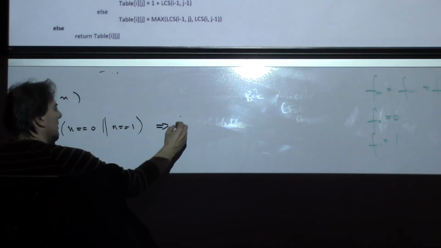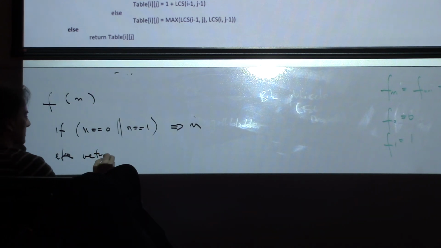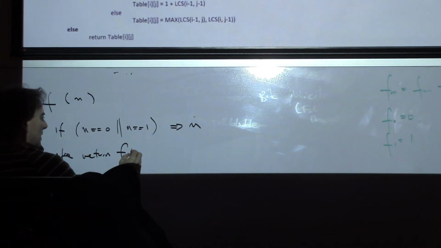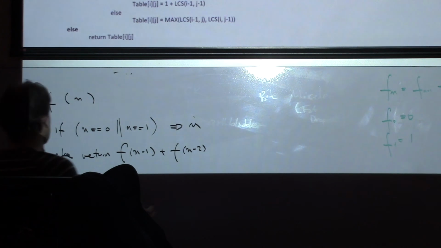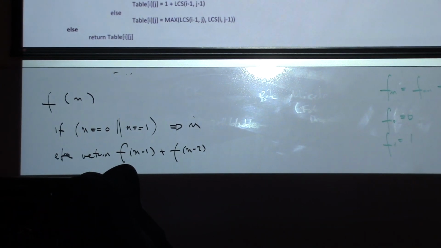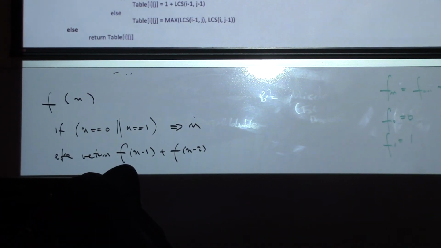I can just return n. Else I'm going to return f of n minus 1 plus f of n minus 2. Good? Again, the precondition is that n is a non-negative integer. If you can't guarantee the precondition, you've got no postcondition.